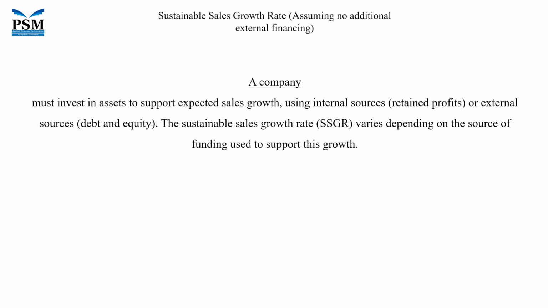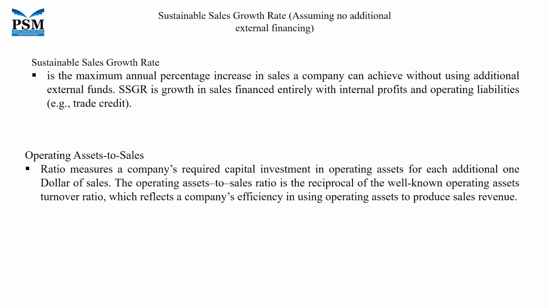That ratio, operating assets to sales, is the inverse or the reciprocal of the well-known ratio of operating assets turnover. The inverse of that ratio reflects the company's operating efficiency and capability.